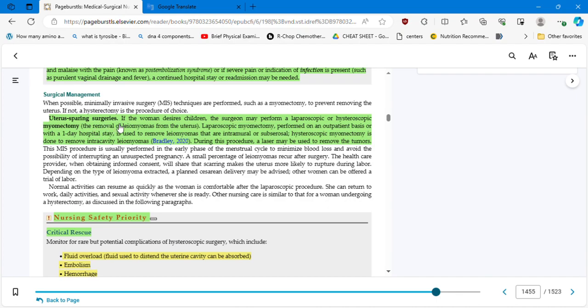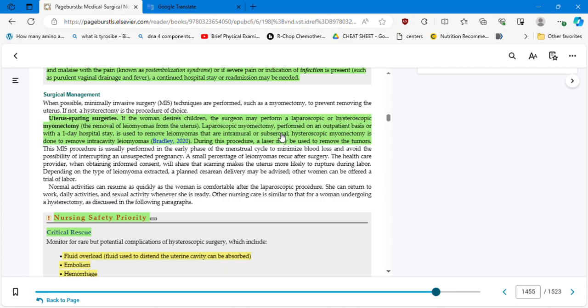Uterus sparing surgeries. If the woman desires children, the surgeon may perform a laparoscopic or hysteroscopic myomectomy, the removal of leiomyomas from the uterus. Laparoscopic myomectomy, performed on an outpatient basis or within a day hospital stay, is used to remove leiomyomas that are intramural or subserosal, right?